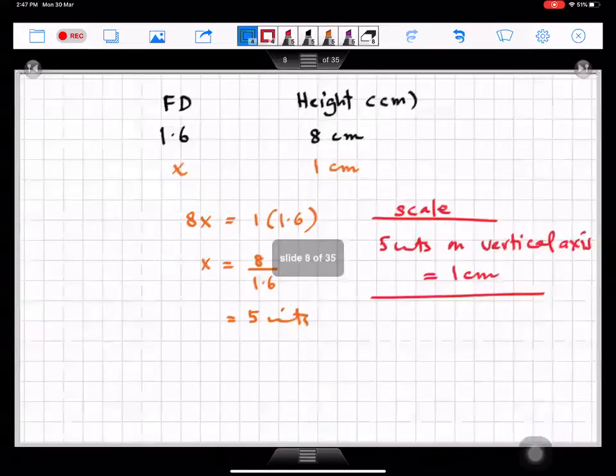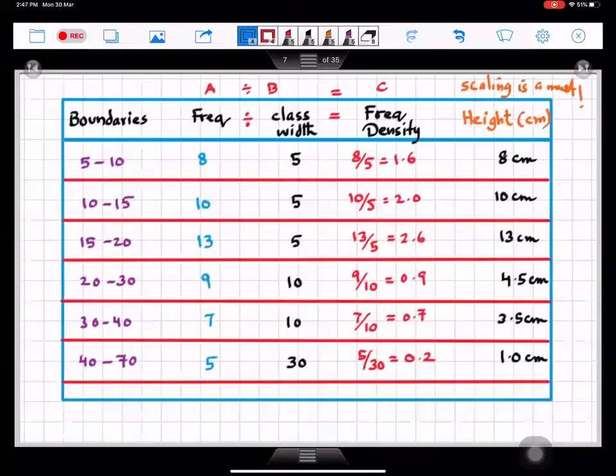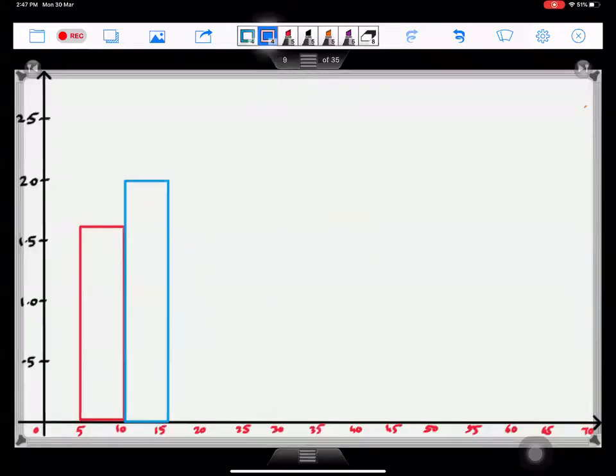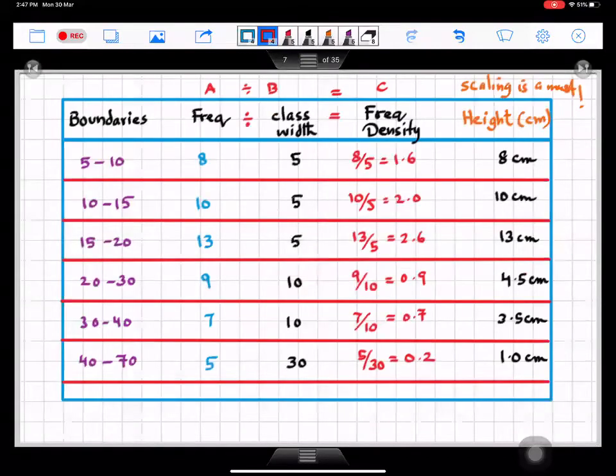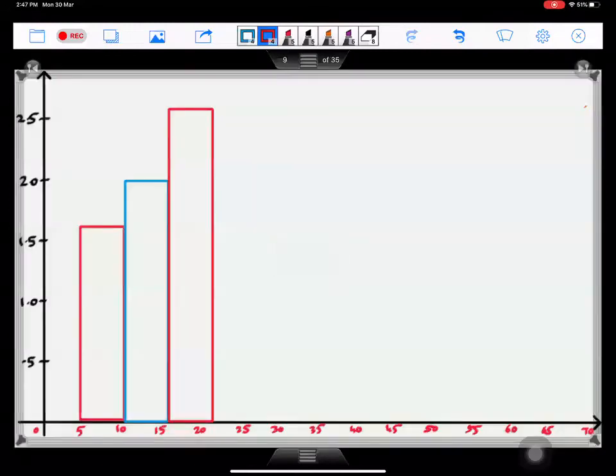Third one, 15 to 20 is 2.6. That is something above this. Okay, it's not the exact one, it's just a rough one. And then 20 to 30 is 0.9, something like this.